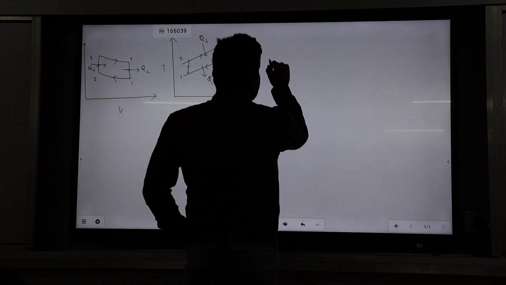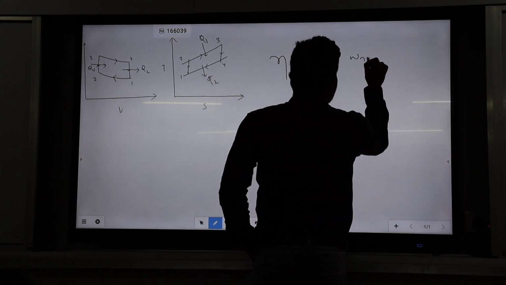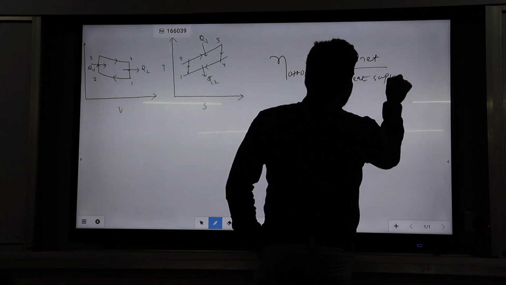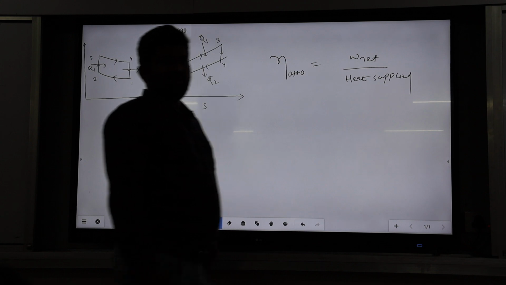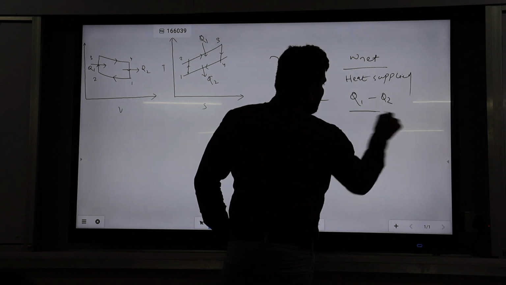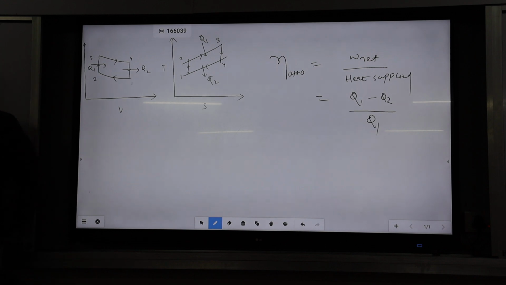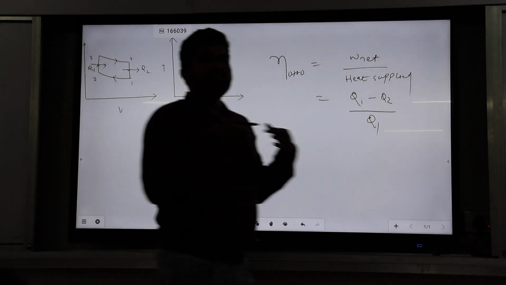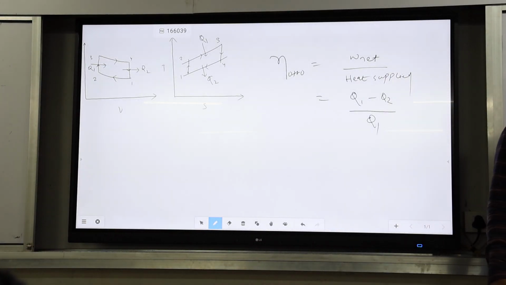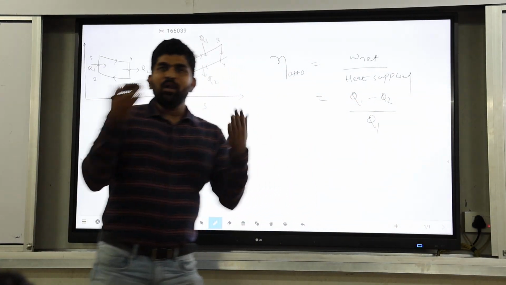Basically, the efficiency of the Otto cycle is equal to W net by heat supplied. So what is W net? W net equals Q1 minus Q2. Why Q1 minus Q2? Because according to the first law of thermodynamics, total input to a system is equal to total output. Energy can neither be created nor destroyed; it can only change from one form to another.